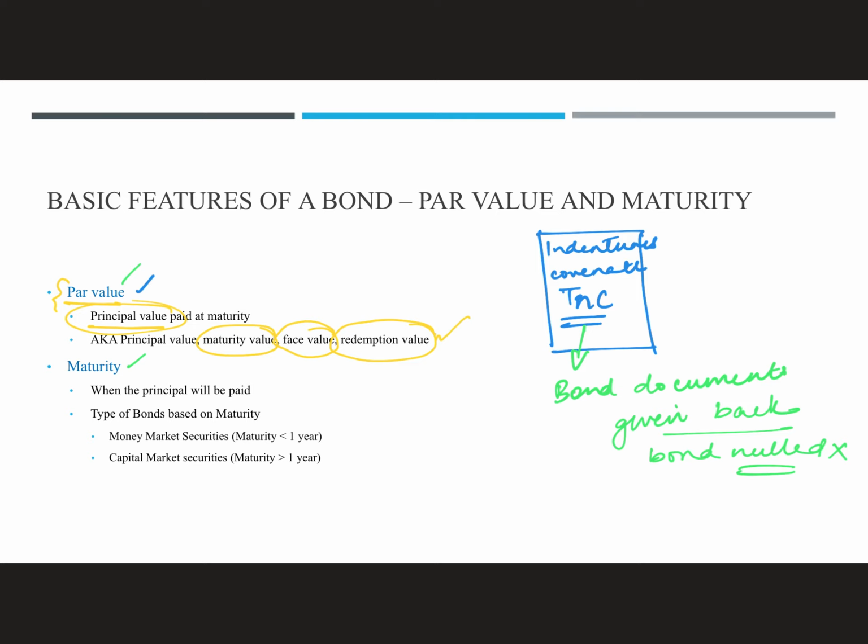Based on when the bond matures, there are broadly two types of bonds: the money market bonds, which are short-term bonds with maturity less than 1 year, and the capital market bonds, which have maturity greater than 1 year. So based on when they will mature, we have segregated the names of the bonds. One is called money market for maturity less than 1 year. One is called capital market for maturity greater than 1 year.